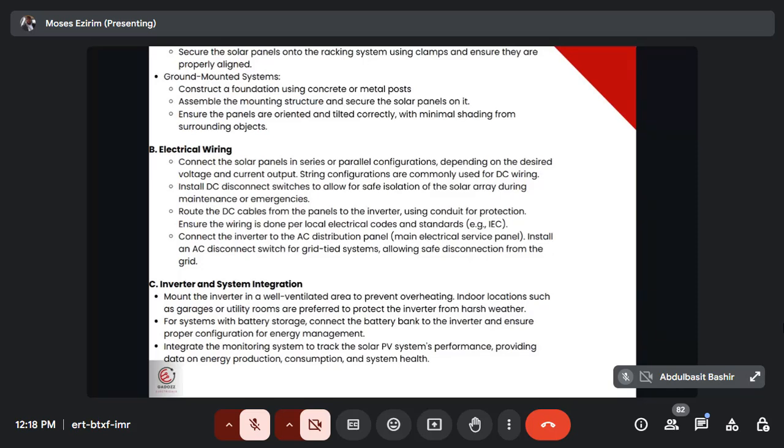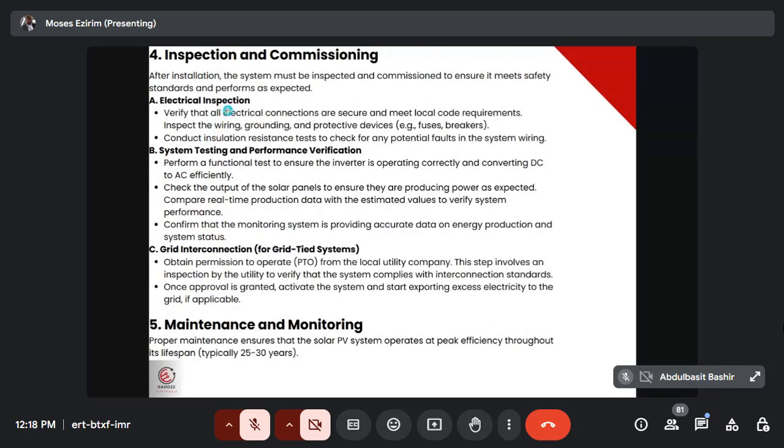All right, so electrical wiring, you connect your solar panels in series and parallel. We're going to see all this. Then inverter as well, you integrate your inverter. Then inspection and commissioning. You do your inspection, you do your commissioning. All these things are something that we do in the course of training.